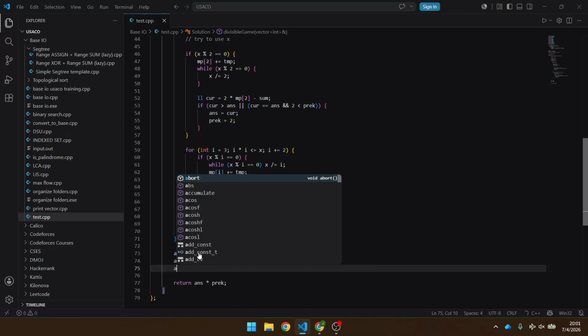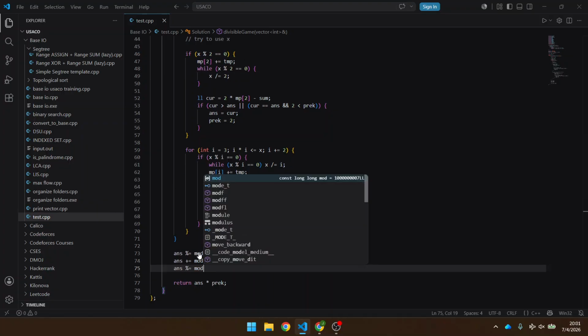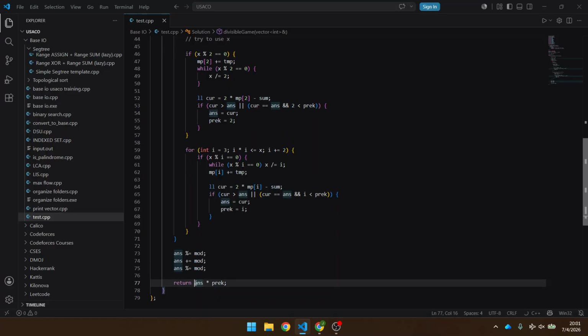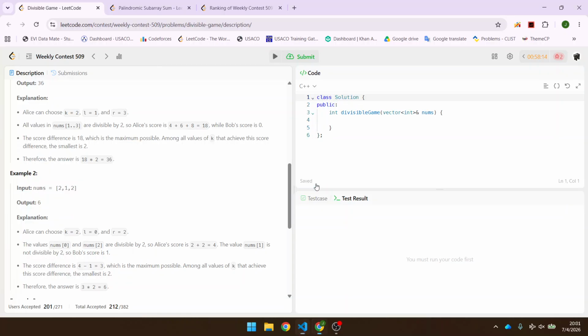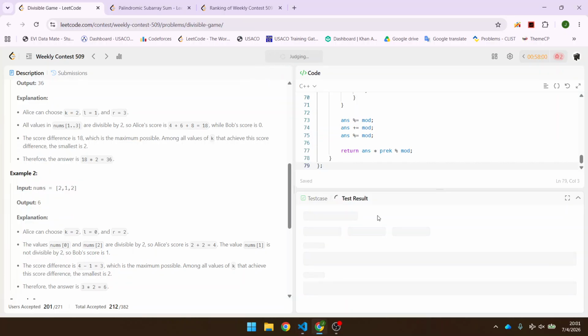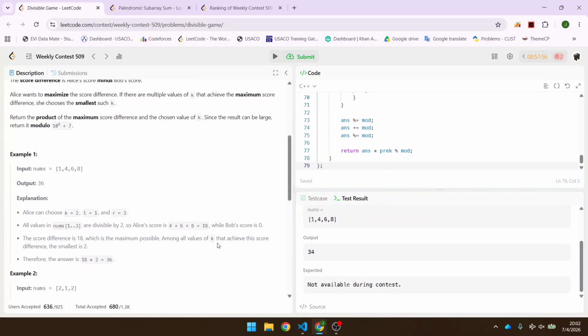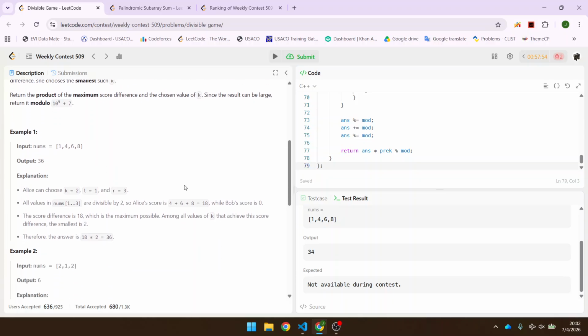Answer plus equal to mod, answer mod mod. 34. Close. Okay.